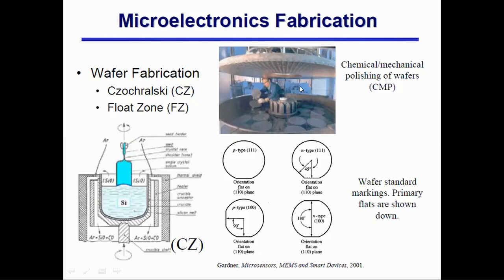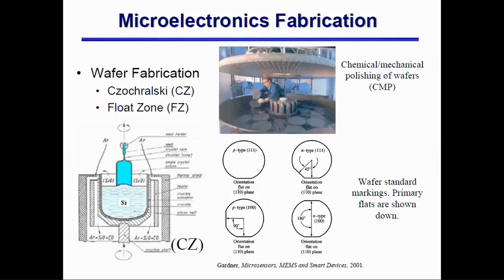Once we have silicon wafers, they need to be polished. This is chemical mechanical polishing of wafers, normally known as CMP. The polishing is done so that the silicon wafer has a mirror surface.